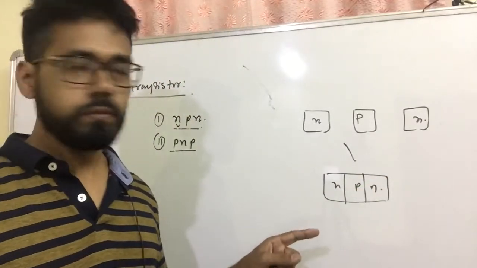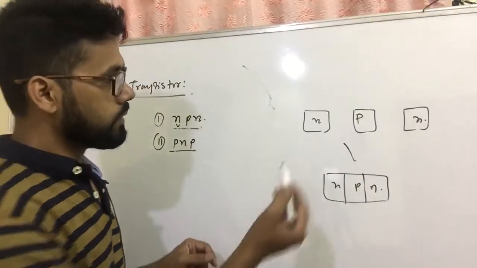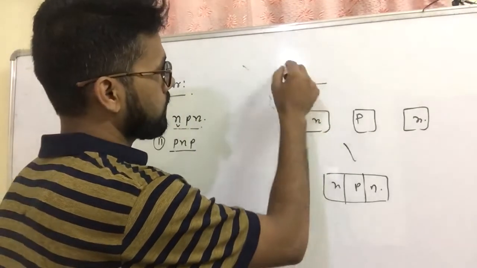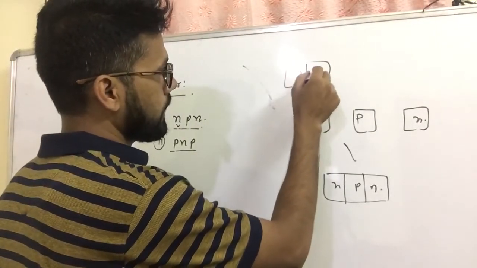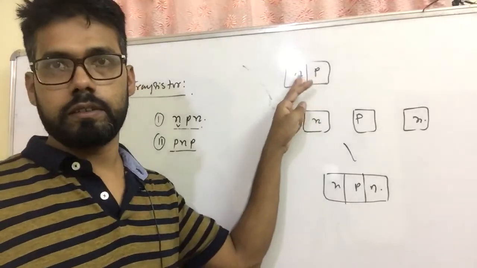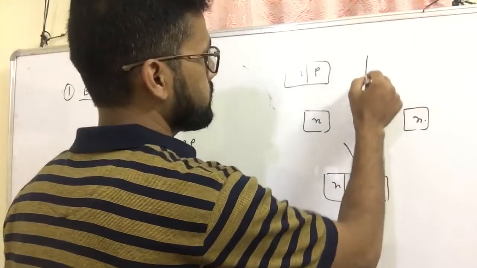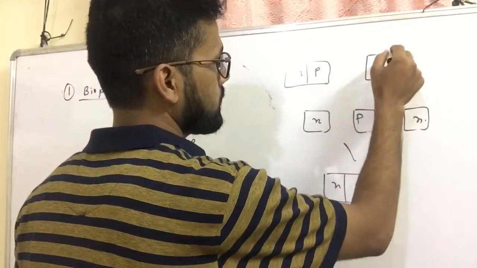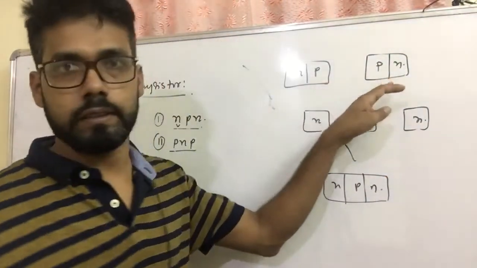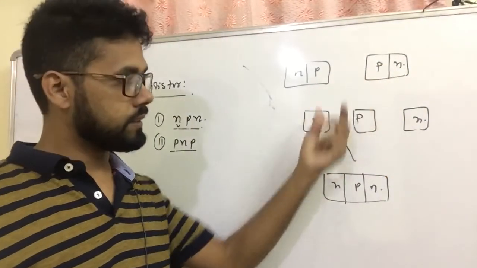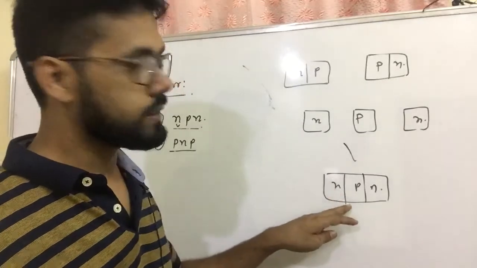Clear? Or you can say this is a diode, an NP diode, and another one is a PN diode. Two diodes. If we combine them, what happens? It will look like this.